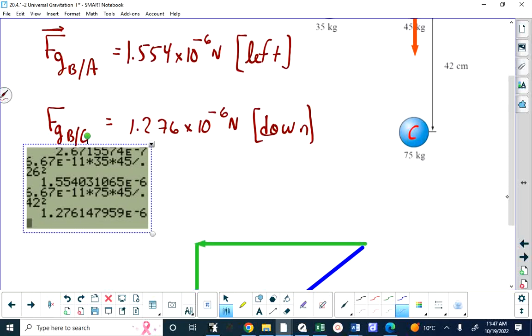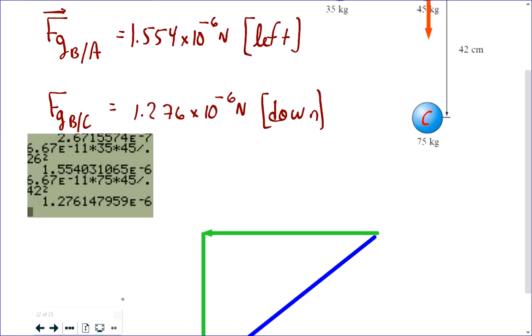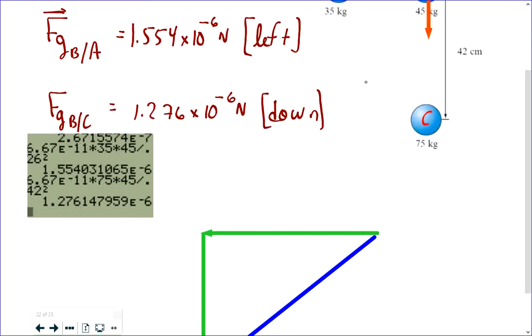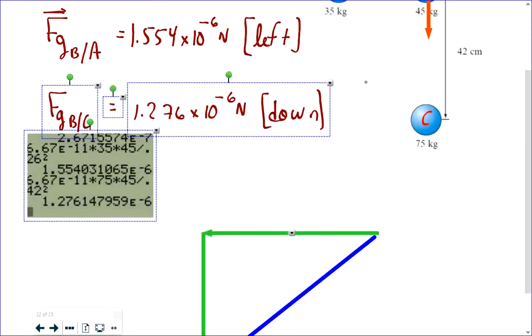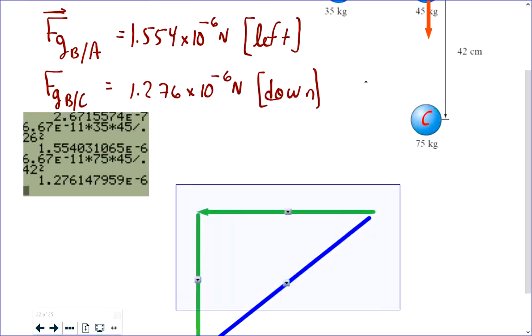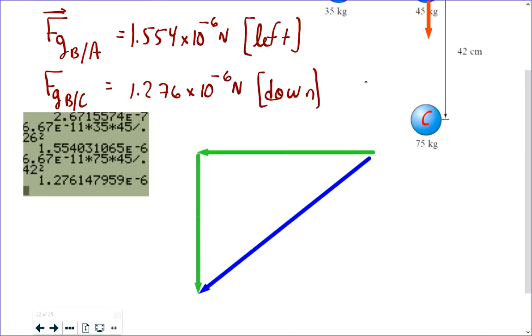So what we are dealing with here is this situation where you have the 1.55 times 10 to the negative 6 newtons. You also have the 1.276 times 10 to the negative 6 newtons.